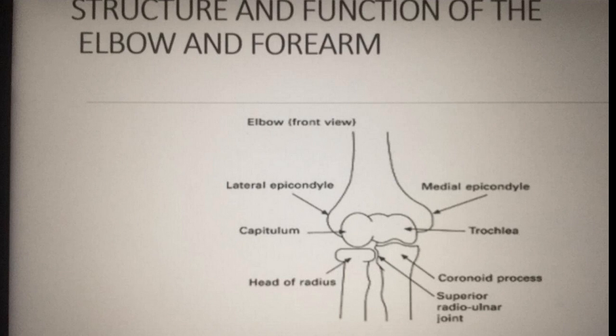The capsule of the elbow encloses the humero-ulnar, humero-radial, and proximal radio-ulnar articulations. So we have just discussed the two articulating surfaces on the humerus, which articulate with the radius as well as the ulna, making the elbow joint, and also the radius, which articulates with the radial notch on the ulna, making the proximal radio-ulnar joint.